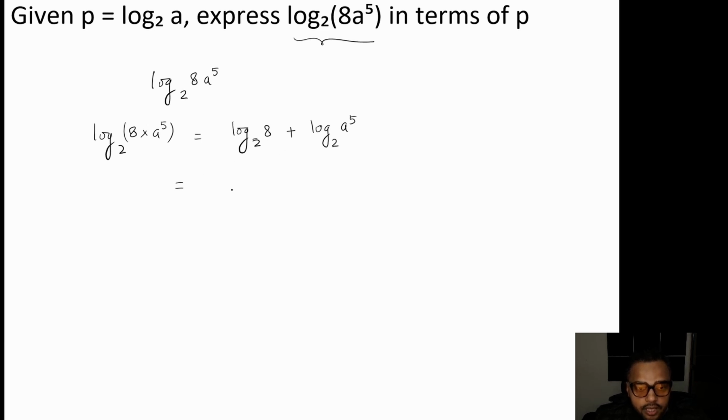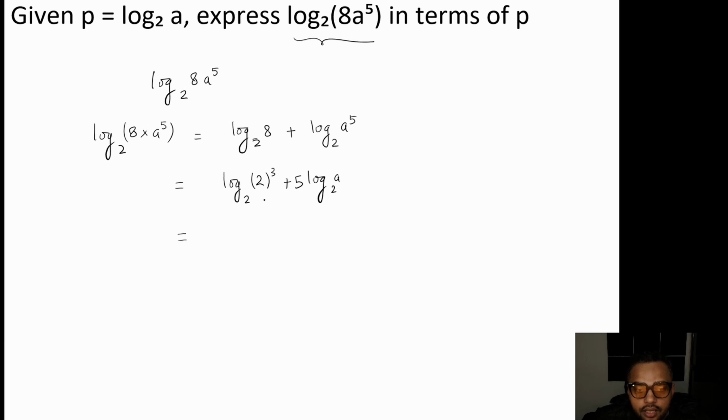See, now this part, log of 8, it could be written in the format of log of 2 raised to the power 3 base again 2, plus log of a raised to the power 5. This is in the power law format, so this 5 will come out as a multiplier, so it will be 5 log of a base 2.